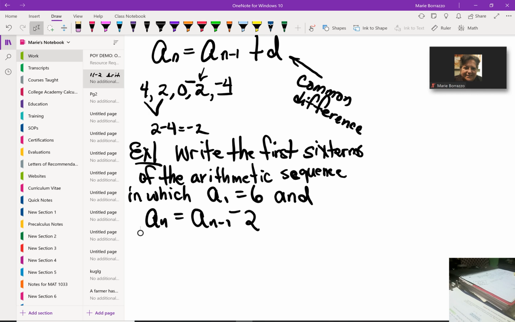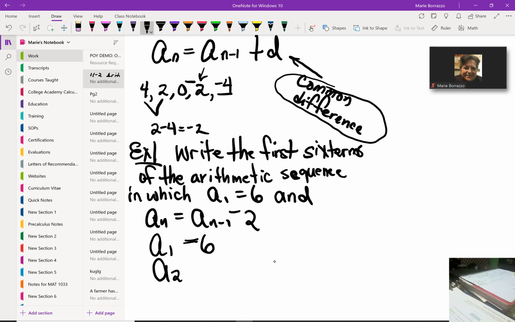Also remember that for it to be an arithmetic sequence, it has to be the same number difference. So the common difference never changes, and it is a consistent shift between values. For example, we begin with a sub 1 since they want the first 6 terms. We know that's equal to 6.